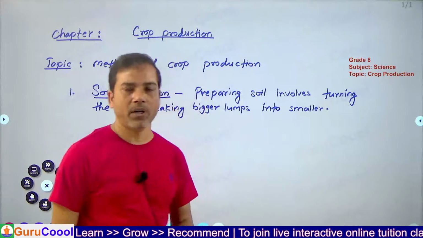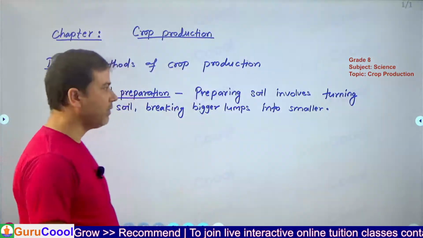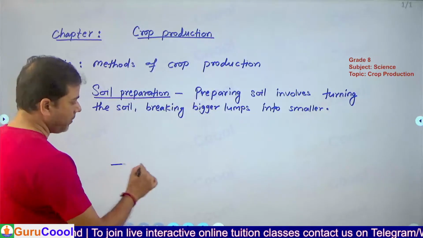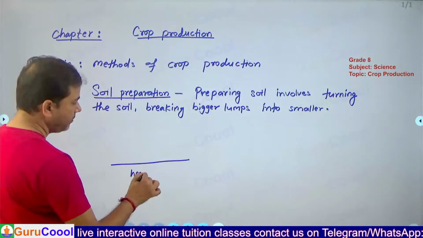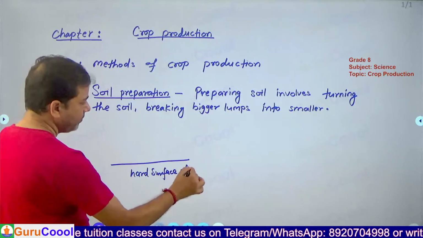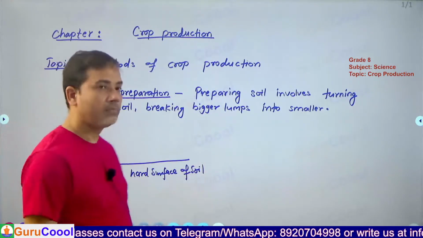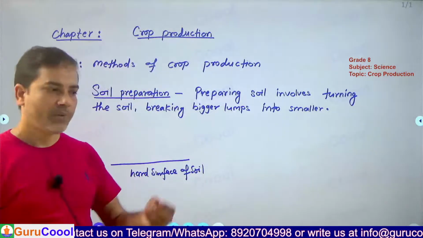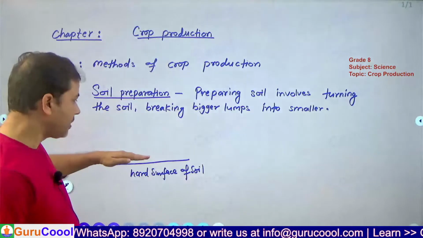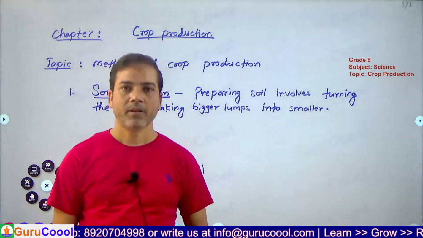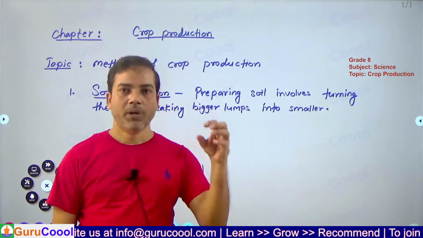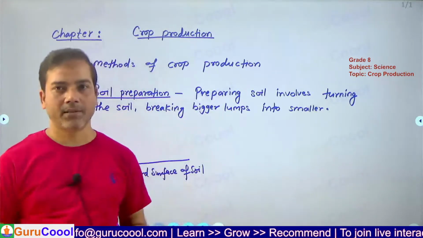Why is this important? See what will happen. Consider a very hard surface of soil. You sow the seed and it will just be kept on the upper surface of the soil, and birds will pick all the seeds.